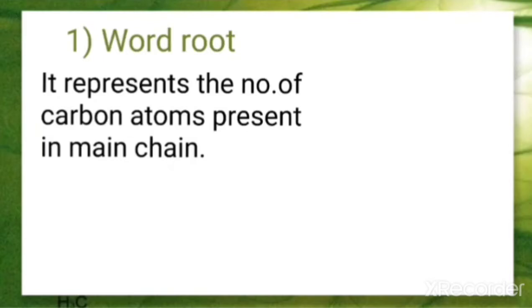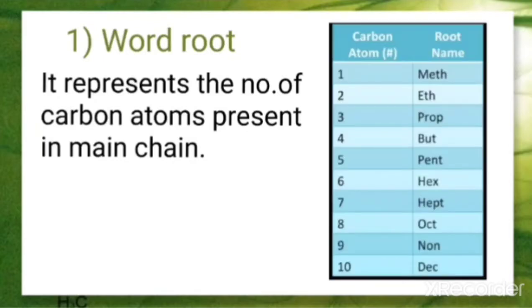For writing the word root, first we have to learn the names which we use as a word root, representing the number of carbon atoms present in the main chain. If there is one carbon atom in the main chain, we use the word root meth.